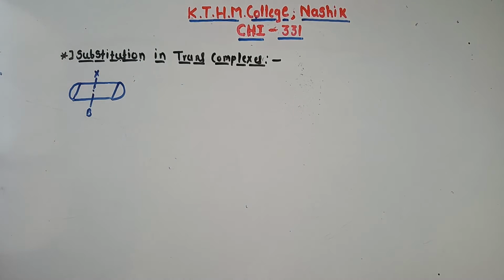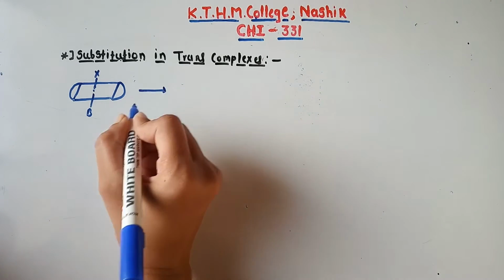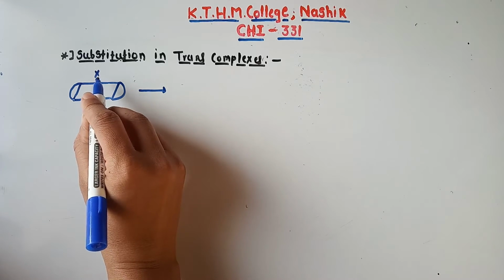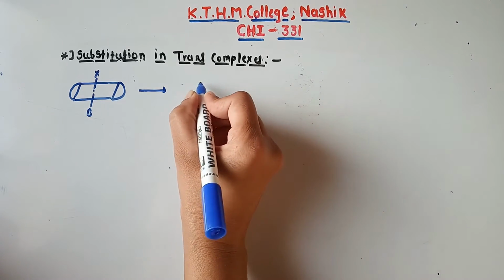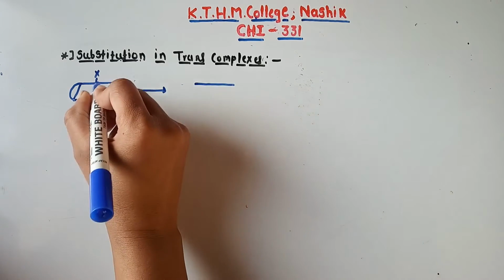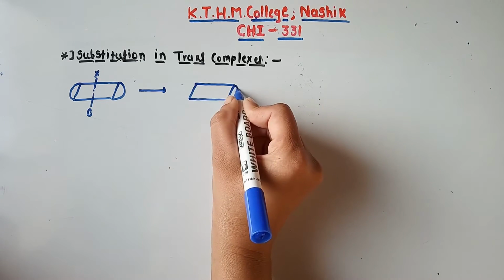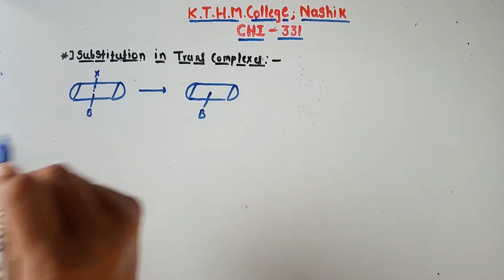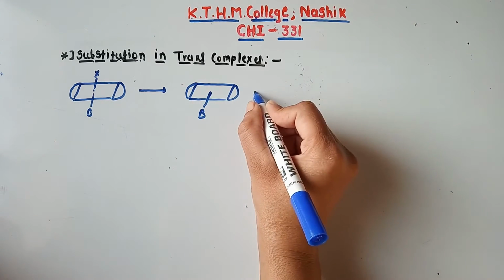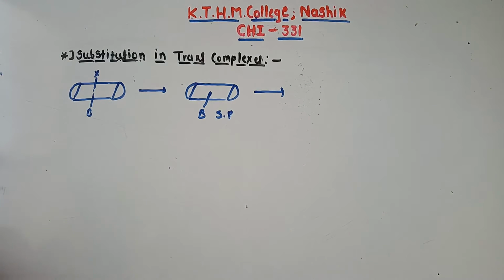Okay, so if X is dissociated from the reactant species, this is your reactant, it leaves a square pyramidal intermediate. Obviously, if X is dissociated from this complex, we will get a square pyramidal intermediate. Okay, student.